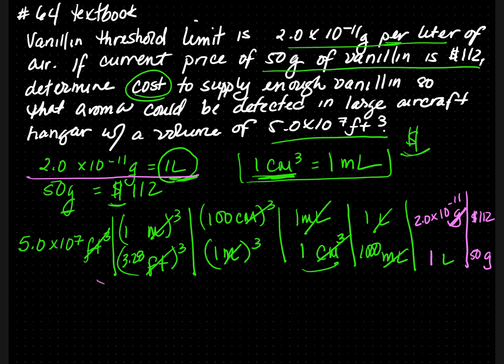Since these numbers are cubed, this is going to be 1 meter times 1 meter times 1 meter. On the bottom, it's going to be 3.28 feet times 3.28 feet times 3.28 feet. Here, it's going to be 100 centimeters times 100 centimeters times 100 centimeters.